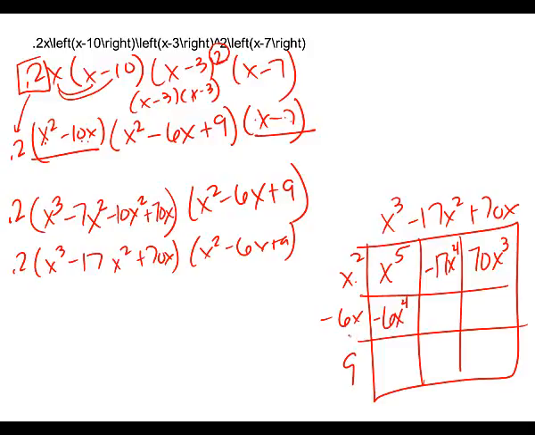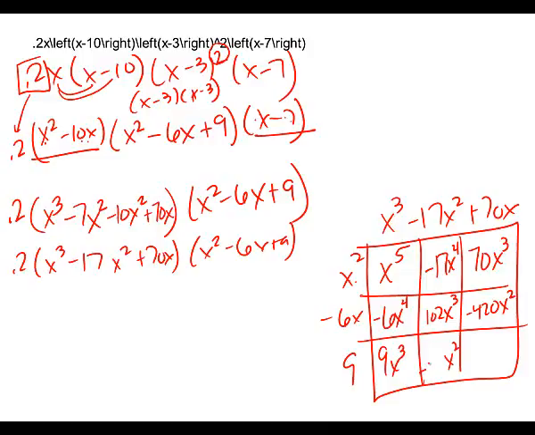You're going to have to help me because I don't know what it is either. Negative 6x times negative 17x squared. 102x cubed. Good. Negative 6x times 70x. Negative 420x squared. 9 times x cubed. 9x cubed. 9 times negative 17x squared.